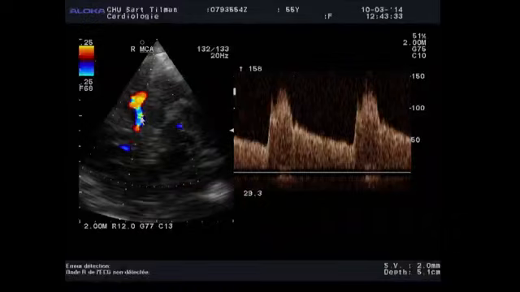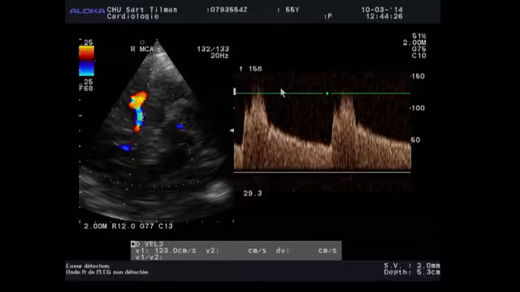Here is a Doppler on the middle cerebral artery. You can see here with high velocity, it's about 120 centimeters per second. It's normal high.